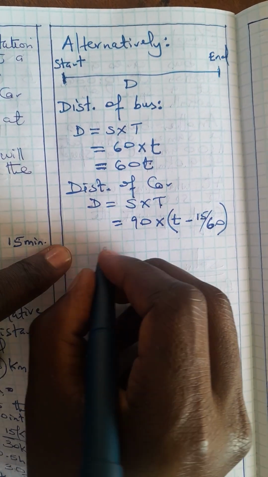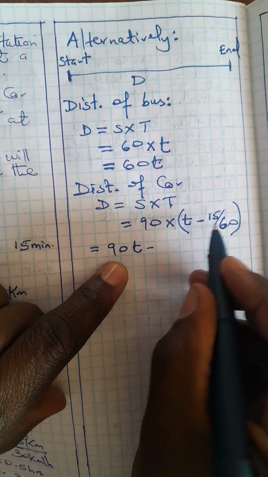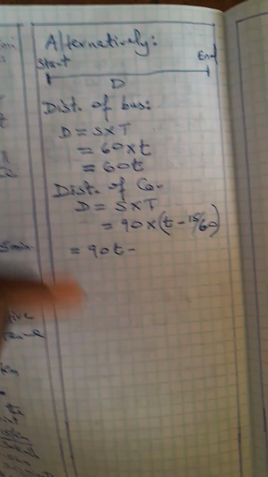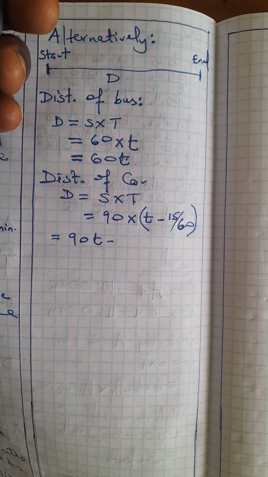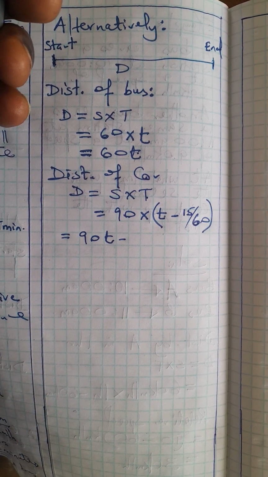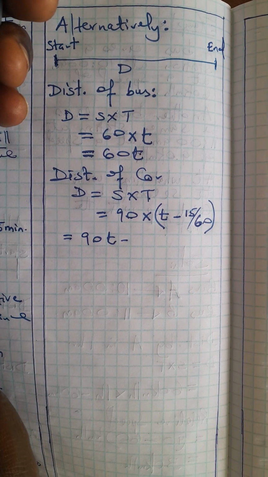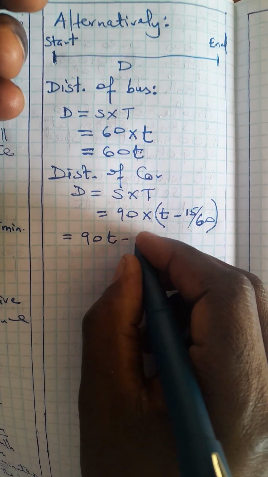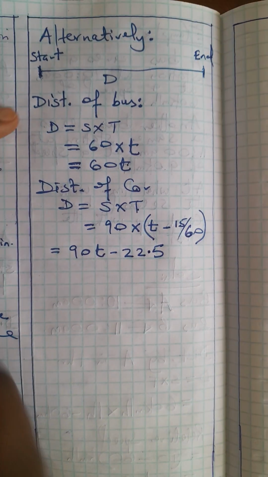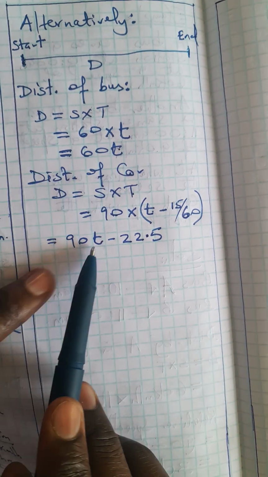So simplify this. This is 90t minus 90 times 15 over 60. Let me work out that one. That is 22.5. Now, the distance taken by the bus is the same as the distance taken by the car, meaning this value is equal to this value.